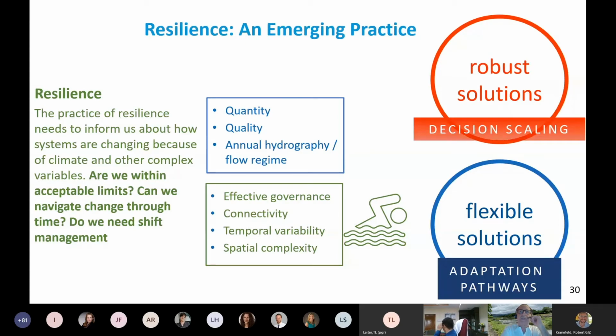Are the systems in place for us to deal with achieving a resilient society? So effective governance, connectivity, incorporating temporal variability and spatial complexity. We're in the process of putting our new water and resilience program together, so these are some of the things we're thinking about. One, we have to move beyond money.